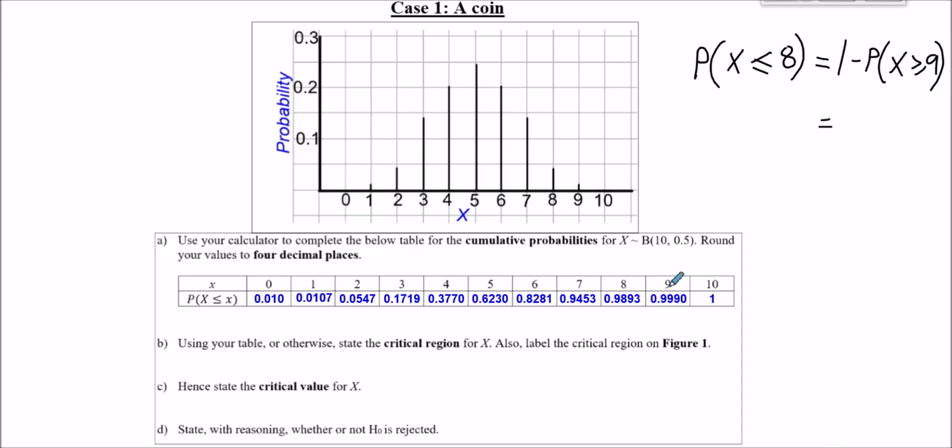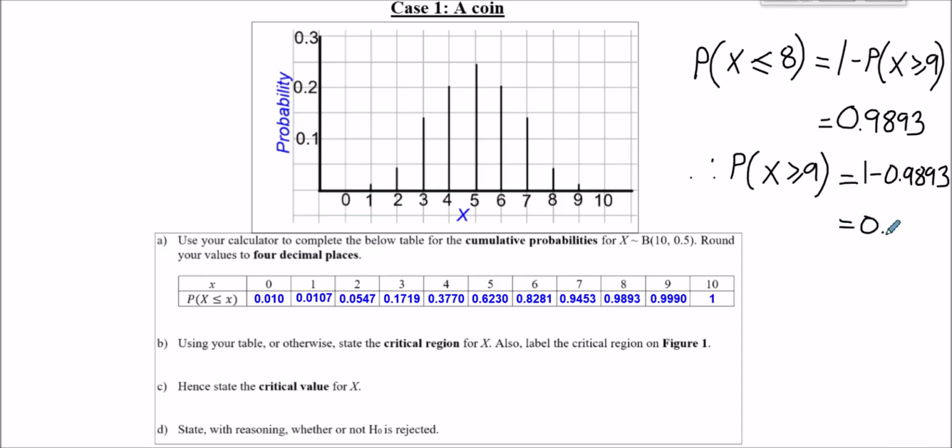So therefore, the probability of x being 9 or greater is going to be 1 subtract 0.9893, which gives us 0.0107. And so this definitely is less than 5%.